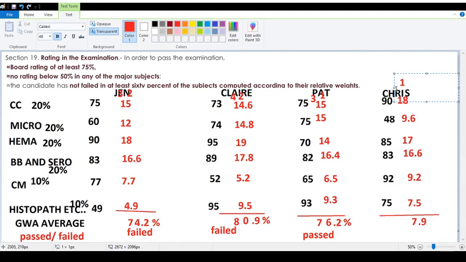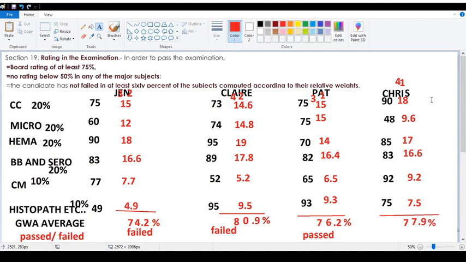So that is 4, 5, 6, 7. Okay, so 77.9. Wait, let's double check again. Nagkamali ako ulit. So that is 18 plus 9.6 plus 7. Okay, so we got it right.